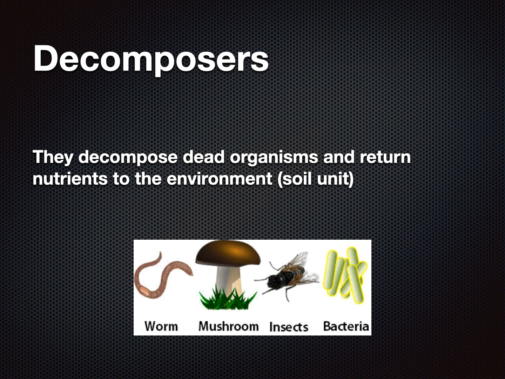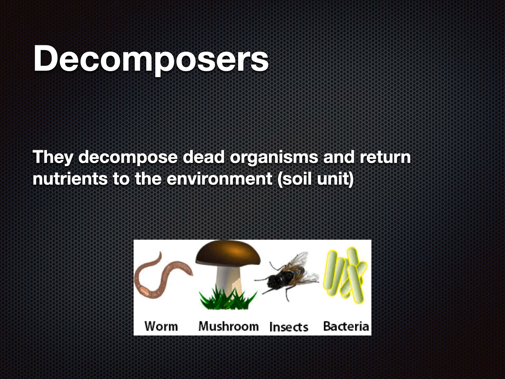You have to be a little careful with the picture of insects with a fly there, because it's really fly larvae that act as a decomposer, since flies, when they get older, become predators. And then bacteria of all different sorts. This is a generalization picture, and there are more than just four decomposers, but hopefully it gives you a connection to the idea of decomposers.